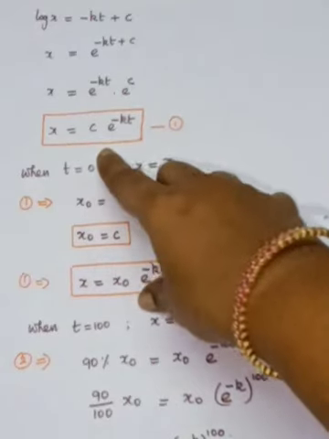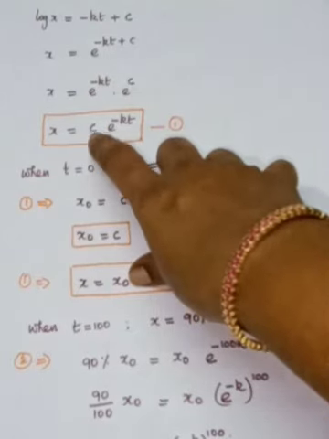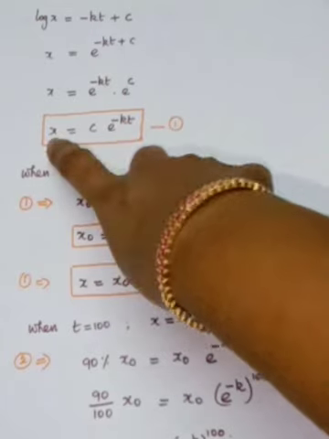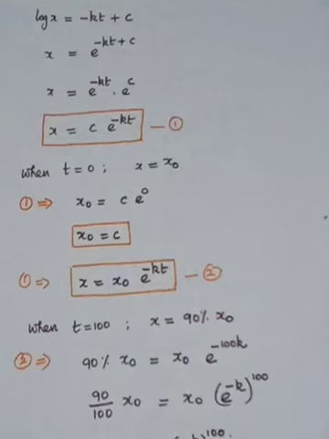So x is equal to c e power minus kt. So the second step is over. We have solved the differential equation and written the expression in terms of x and t. x depends on t, and c and k are constants. x is the number of nuclei and t is the time.